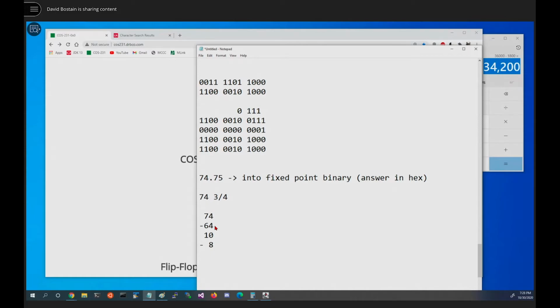Okay. And we're going to subtract. That's going to give us the number 2 when we're done, right? Then we're going to subtract from that the biggest power of 2 that is less than or equal to 2, which is 2. Which gives us a 0.